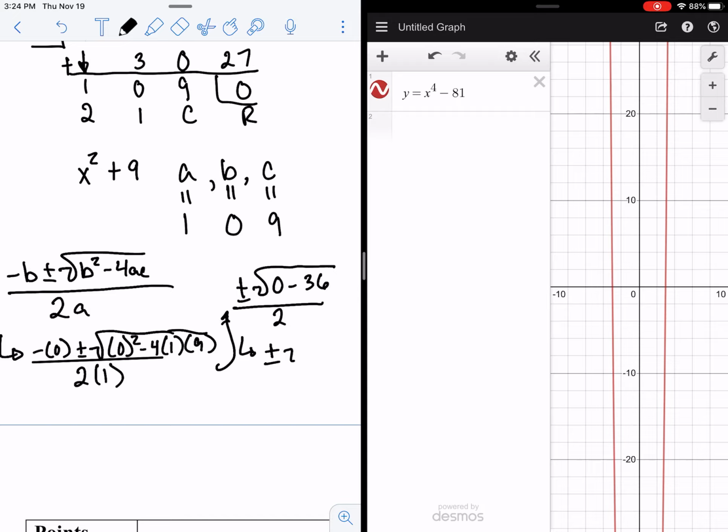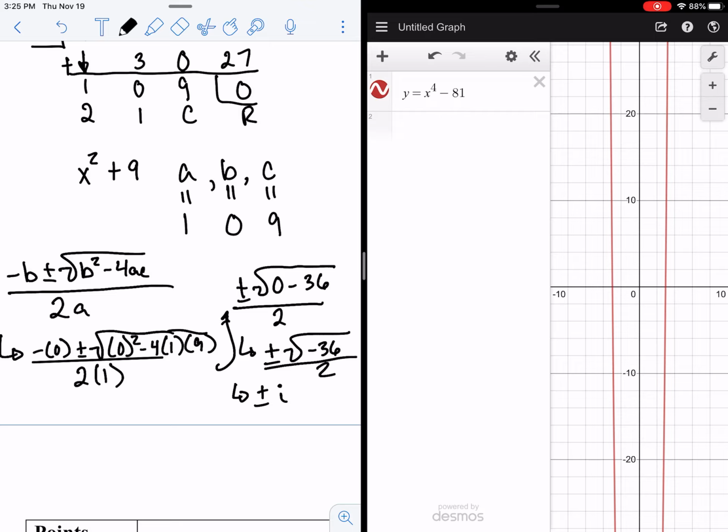Plus minus square root negative 36 over 2 is an imaginary number. So plus or minus 3i. Let me go back. i occurs whenever you have a negative inside the radical.